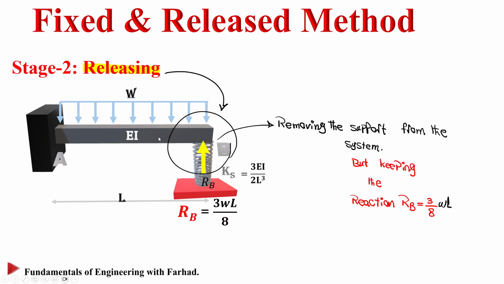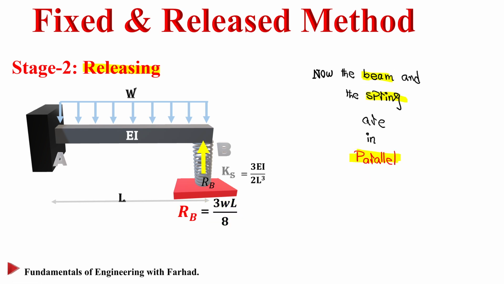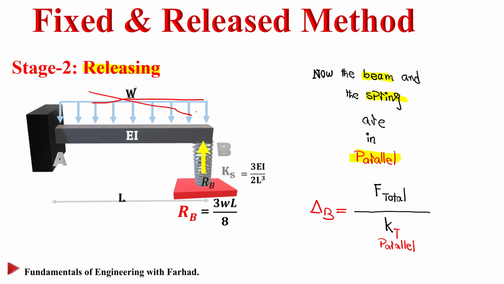RB remains there. As soon as we have that, we can easily see the beam and the spring are in parallel. If we want to calculate a parallel deflection somewhere, delta at B is equal to F total over K total, where F total applies at B. You can ignore the W now because we already distributed W within our system, so there is no need to worry about it.